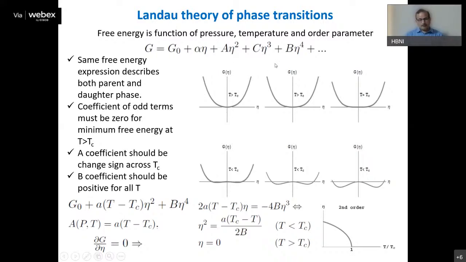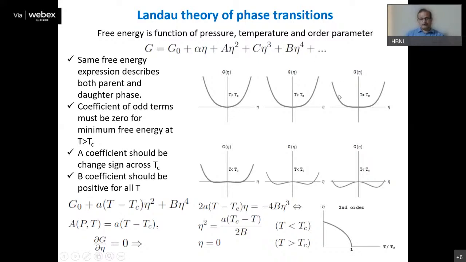And then across the phase transition, the curve should modify such that we have some non-zero value of order parameter. And as I told, we want to explain this continuous phase transition where order parameter evolves from 0 to some finite value. So there should be a continuous change for the minimum free energy at some order parameter value different from 0.